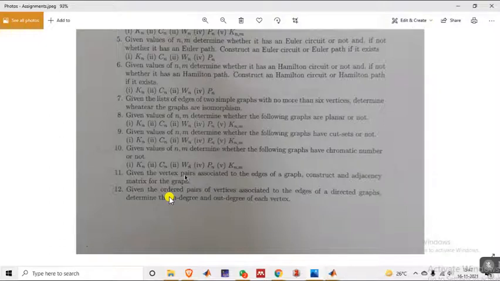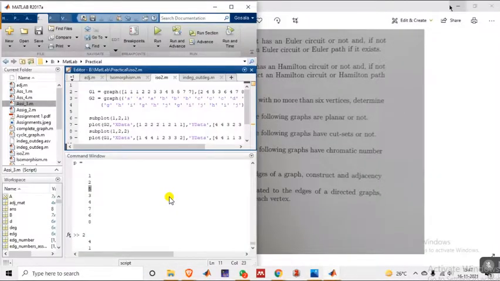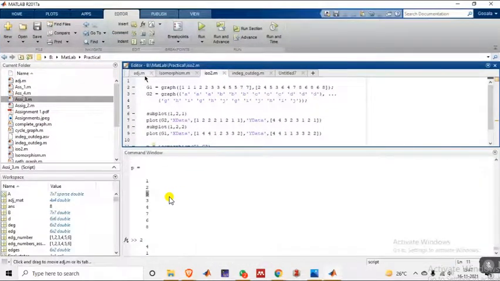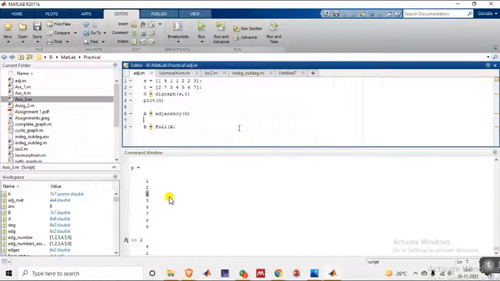When you have vertex pairs associated to the edges of a graph, how will you construct an adjacency matrix for the graph? It is a very simple code. First of all you should have a graph.